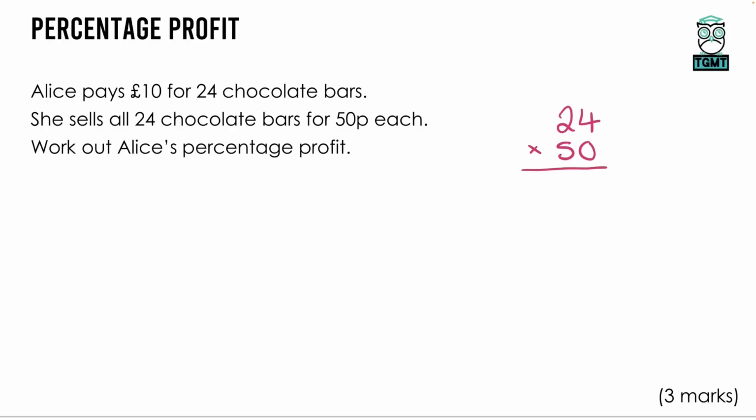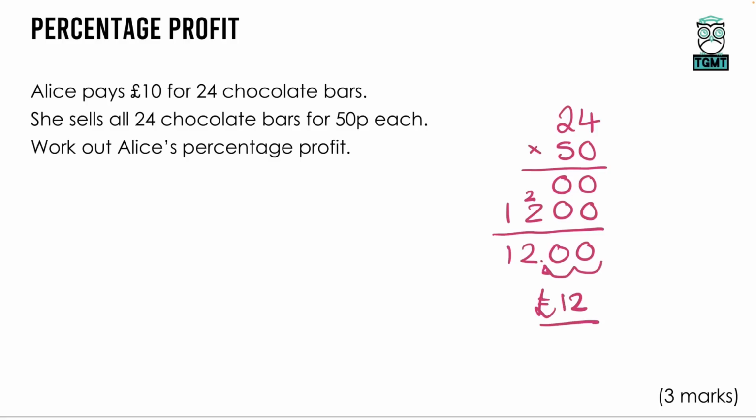That's absolutely fine if you want to just apply a mental arithmetic method, but 0 times 4 is 0 and 0 times 2. Placeholder in for the 5, so 5 times 4 is 20, 5 times 2 is 10, plus the 2 is 12. There we go, and we get 1,200 pence, which if we convert that into pounds is £12.